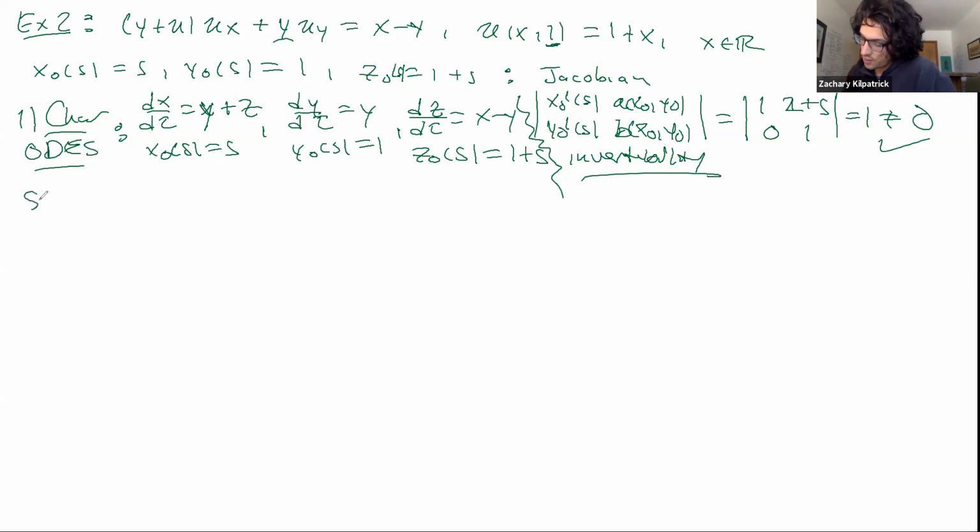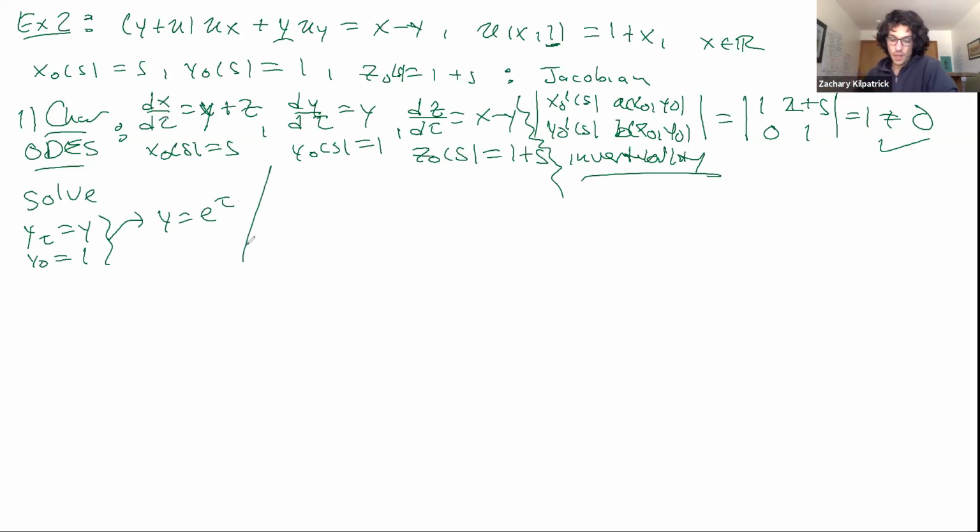So what did we do in class? We solved dy d tau equals y first, along with its initial condition of y0 equals 1, and we got y equals e to the tau, okay? Done with that. The next thing we said is that if I add together the ODEs for x and z, I cancel out that y and I get d d tau of x plus z is equal to x plus z.